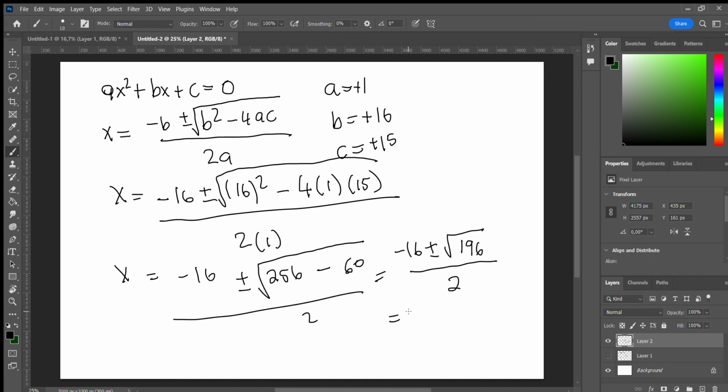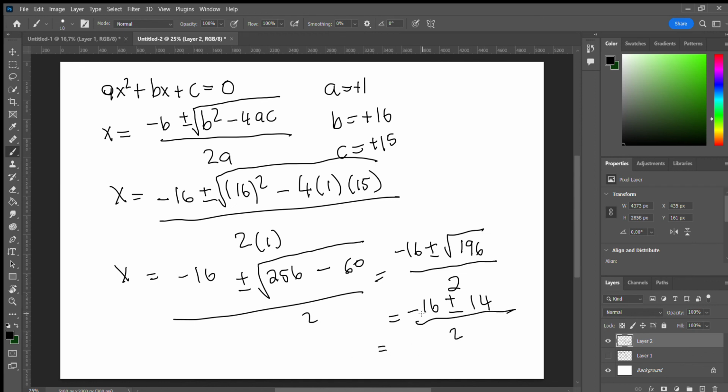Yeah, so it's 14. That's nice. I never knew that. So minus 16 plus or minus 14. You're also going to have plus or minus on the other part, but because you have plus or minus already, you multiply plus or minus with plus or minus, which gives minus and plus. So it's still the plus or minus, so it's still fine.